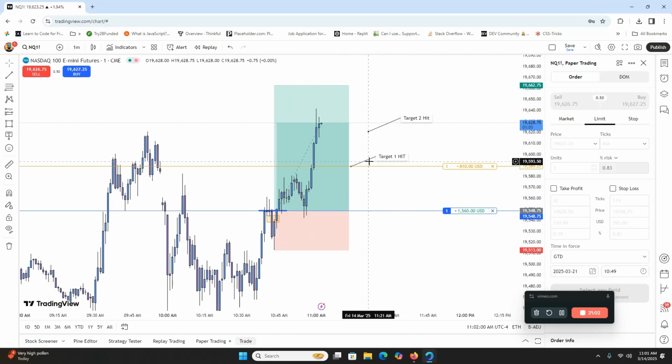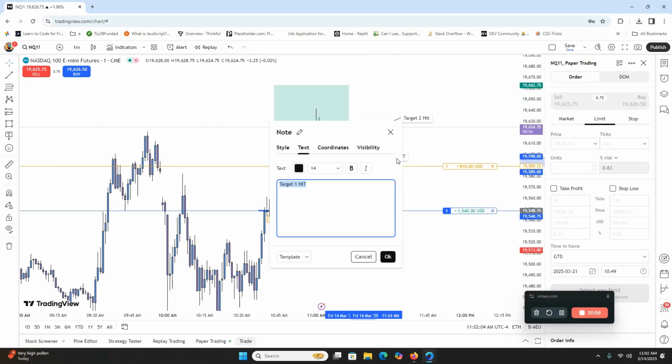Okay, we hit our first target at a 1 to 1 risk to reward. So we'll put target 1, 1 to 1.